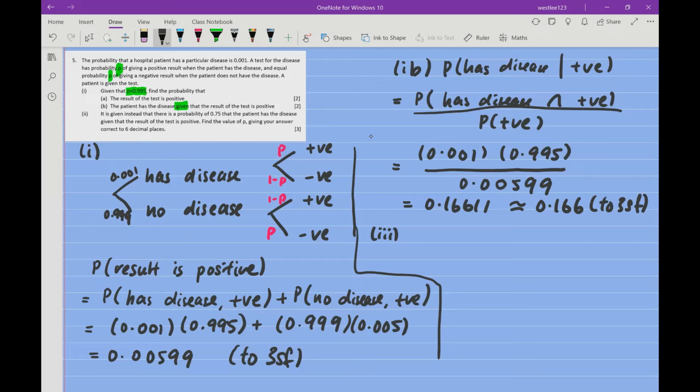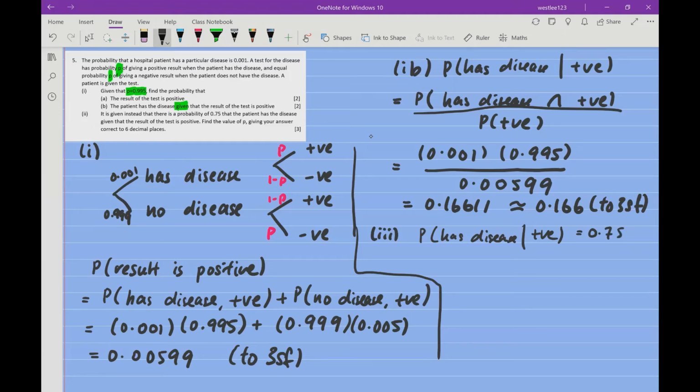Okay, part 2, it is given instead that there is a probability of 0.75 that the patient has a disease, given that the result is positive. So find the value of P. So they are telling us that the probability someone has disease given that he is tested positive is 0.75.